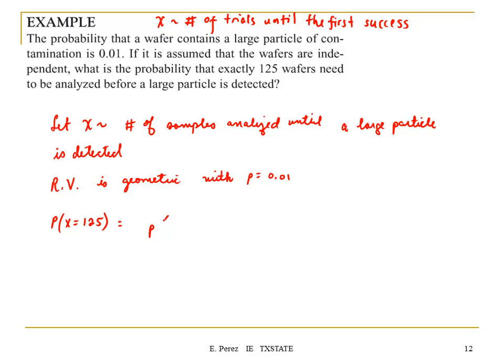That would be equal to p times (1 minus p) to the power of x minus 1. We have the parameters. In this case, this is 0.01 times (1 minus 0.01) to the power of 125 minus 1, and that equals 0.0029.